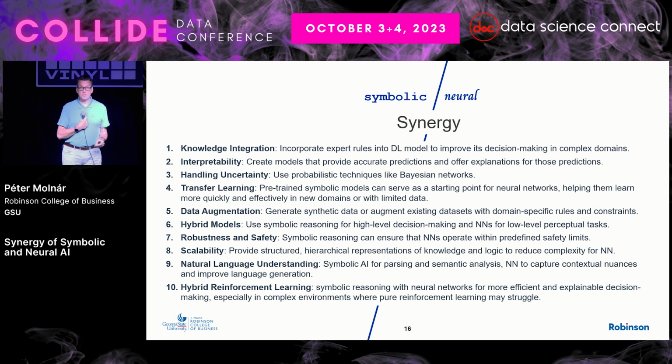I know this slide is pretty wordy, but it is basically thinking of how to integrate them, how to use some of the symbolic concepts combined with the neural concepts to build more intelligent solutions. I think I'm way over time, but thank you so much, and I'm sticking around for questions.